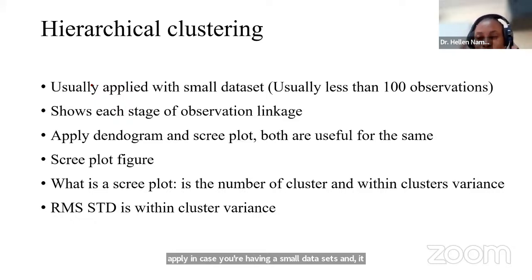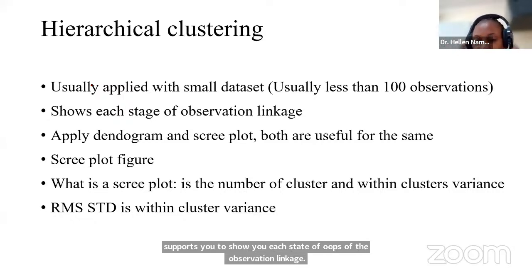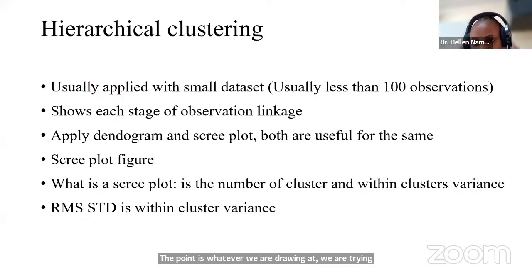The point is that we are trying to see the number of clusters that we are going to consider, and how we get the distance within the cluster and between the clusters. There are different ways you can visualize that using a dendrogram, and at the same time also the scree plot, which has been talked about throughout this session since Monday.